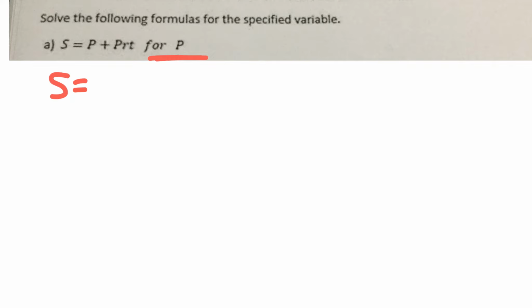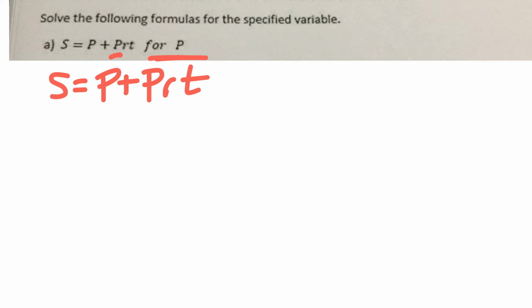So there's a P in the RT? So how could we get rid of the RT? So if I divide it by RT, I'd have to divide everything by RT. And so now I'd have S over RT equals P over RT plus P.